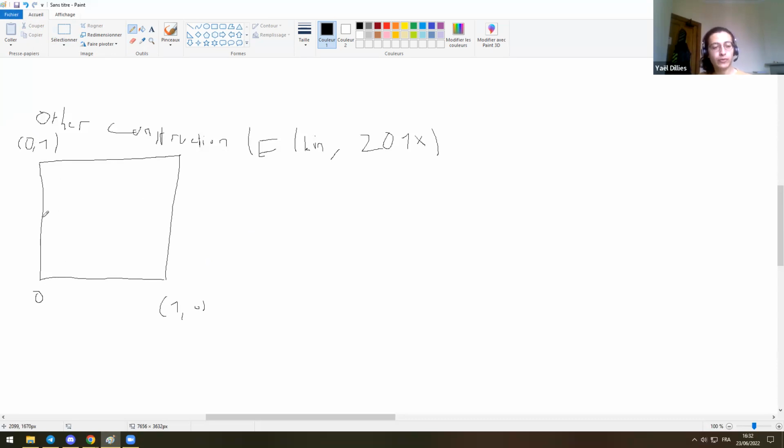We'll take a bit of the sphere in there and thicken it a bit. Let me represent it slightly differently. Let me thicken it slightly more.